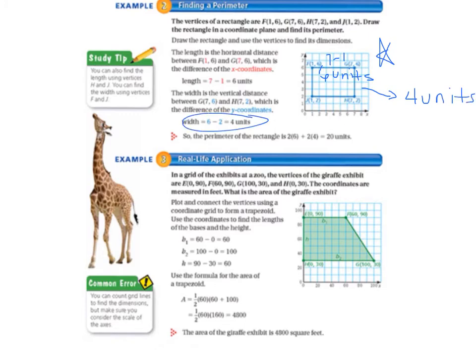So the perimeter of the rectangle is two sides that are 6 units and two sides that are 4 units. So 2 times 6 is 12, plus 2 times 4 is 8, so that equals 20 units.